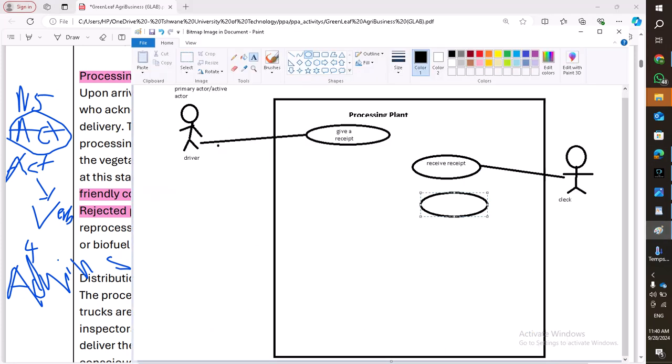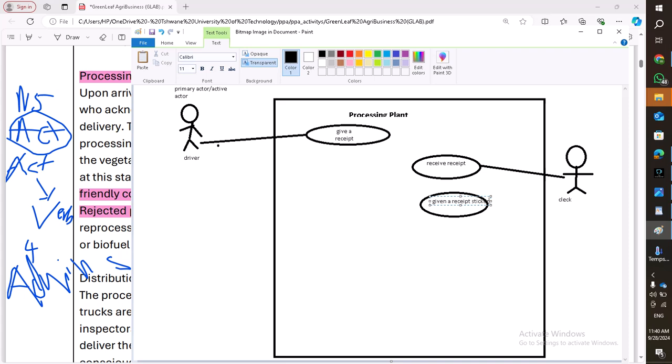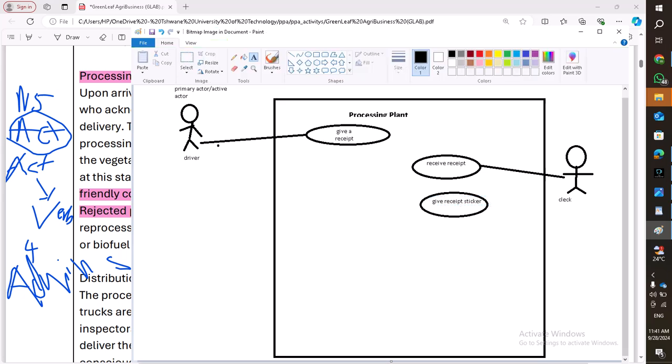So here I will put give receipts, receipt sticker.